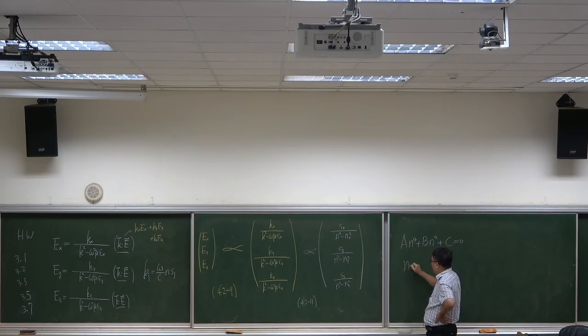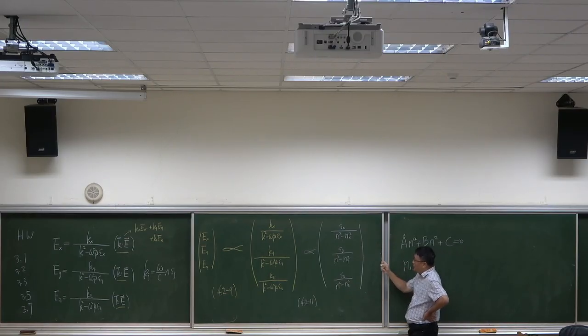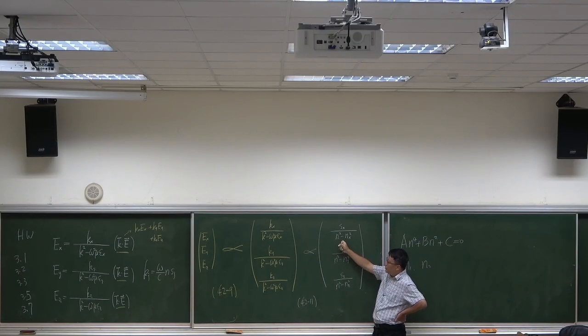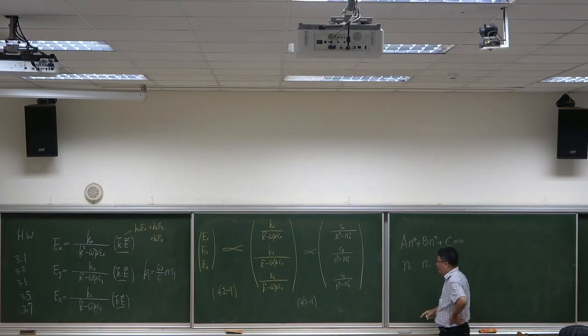We get n1, n2. If we substitute n1 to this equation, we get the E vector polarization for the first propagating mode.